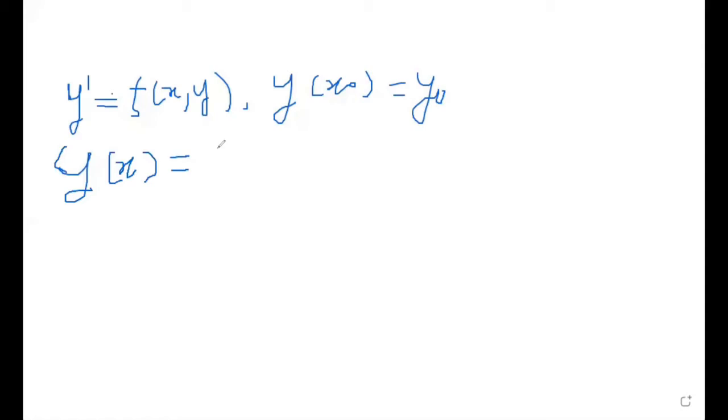But as I told you in the beginning, we don't have any procedure by which we can find the exact solution of this first order initial value problem in the general form.